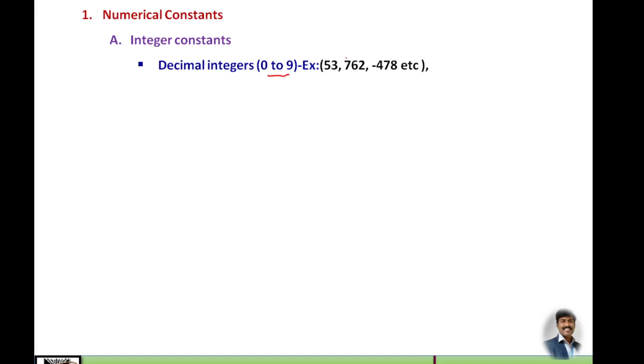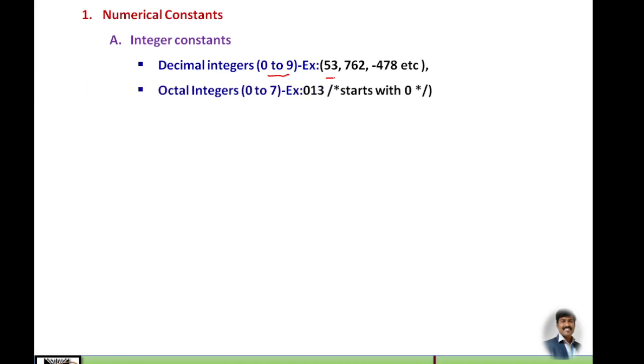Let us take a few examples. Here 53 is a decimal constant and minus 478 is a negative decimal integer. So a positive or a negative number represented by using digits 0 to 9 is called a decimal integer.